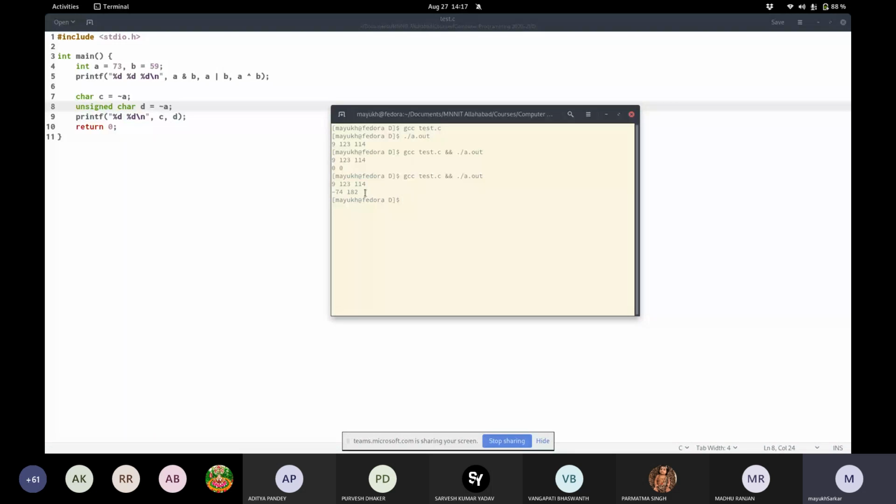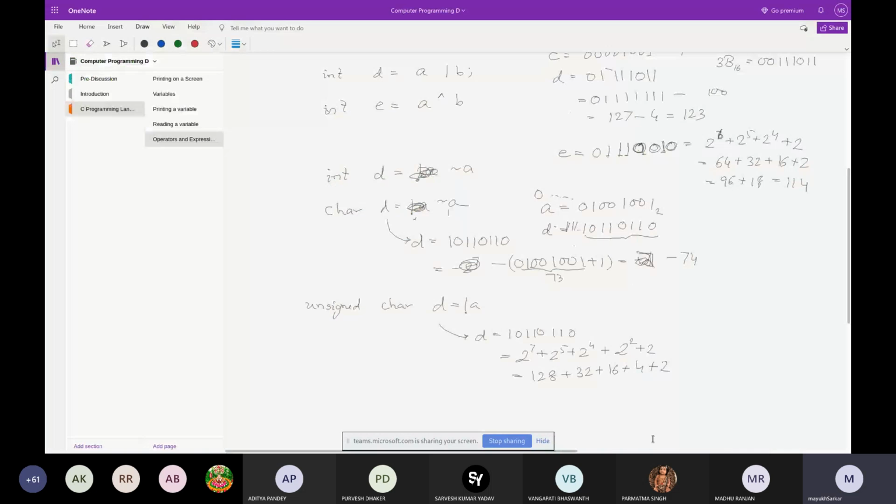As you can see, minus 74 in the case of char and 182 in the case of unsigned char. That means if you add these values up, you will get 182.